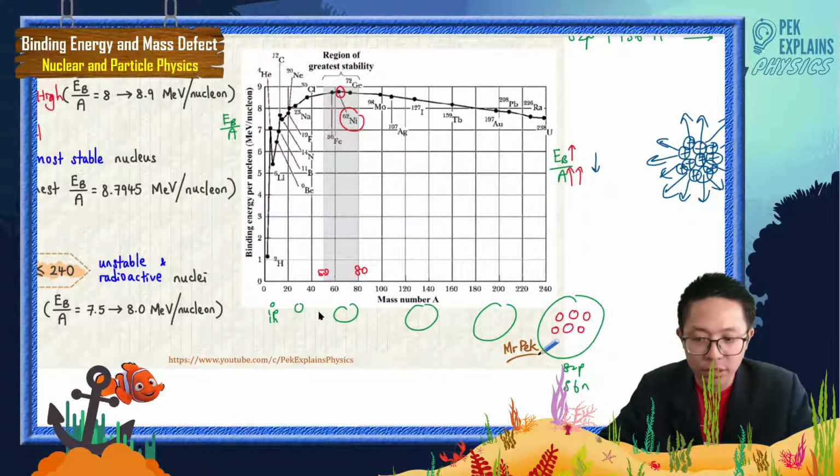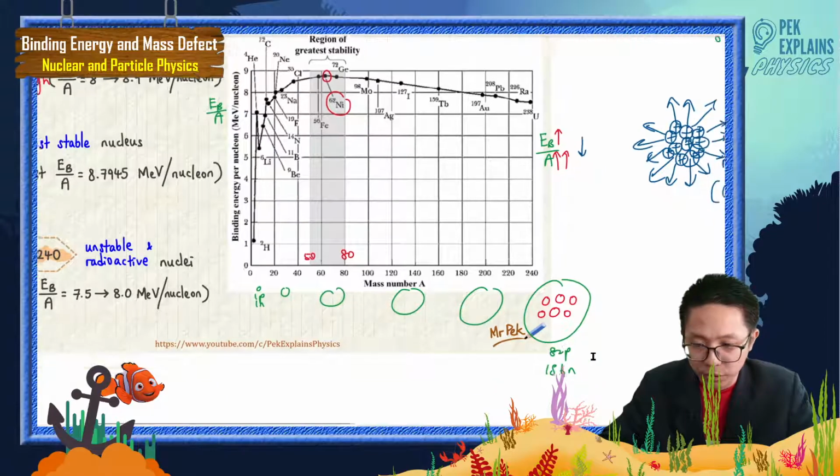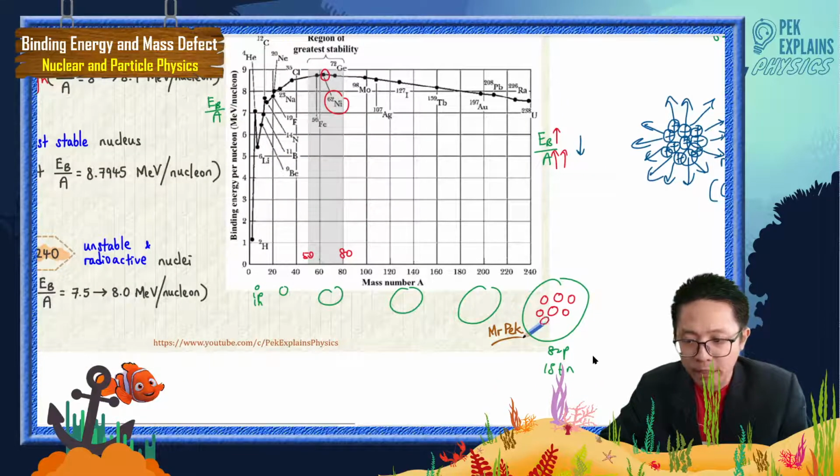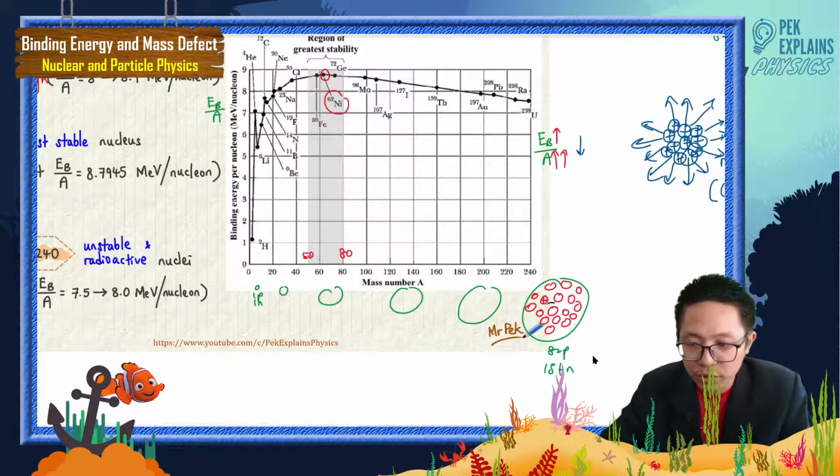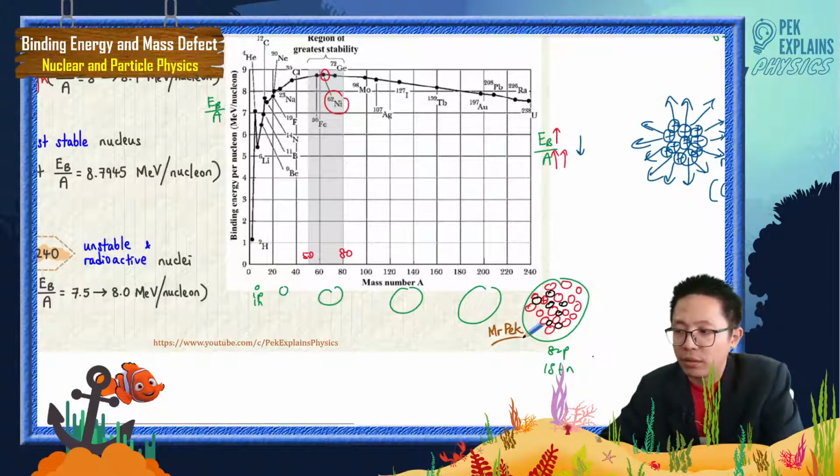As you see here, you have 82 protons here repelling each other. I cannot finish drawing all the protons here. Of course, there are also neutrons in between.